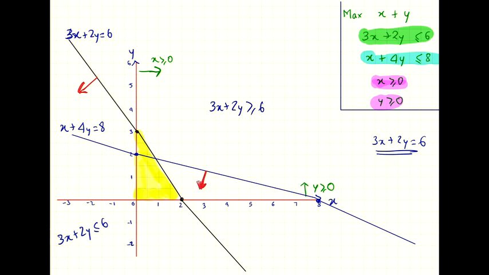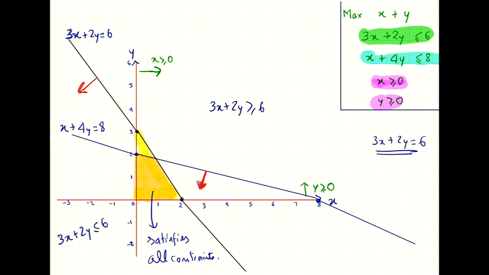Okay? So finally, the space where we are allowed to venture into is just given by this region. Any point here satisfies all constraints, and so any point there is feasible.